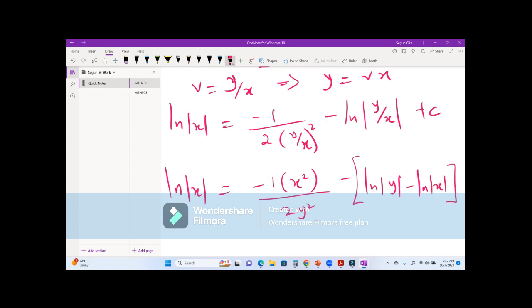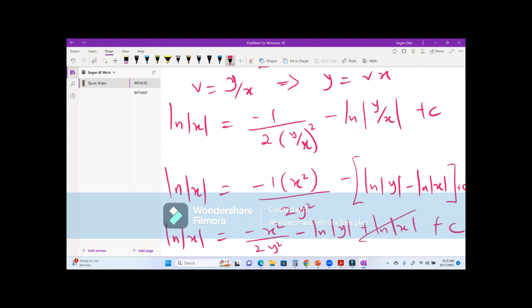Remember, according to the law of indices, when you have division, it's the same thing as negative. So you have to open the bracket. What do you have? Ln x equals minus x squared all over 2y squared minus ln absolute value of y plus ln absolute of x, everything plus c.